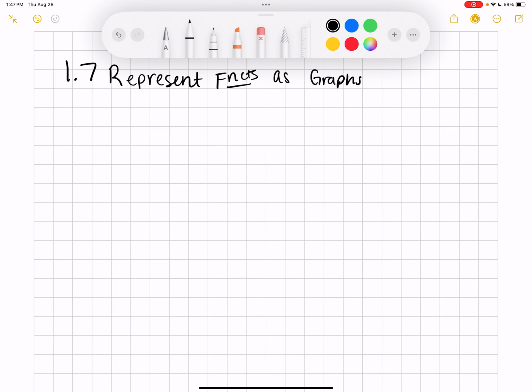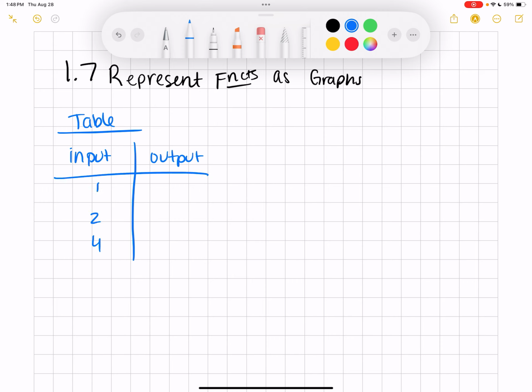So there's different ways to represent this information, and so they could give us a table, which is what we had in 1.6, where it's like an input and an output, and we basically got 1, 2, and 4, and then 2, 3, and 5, like that. And so that's my table.